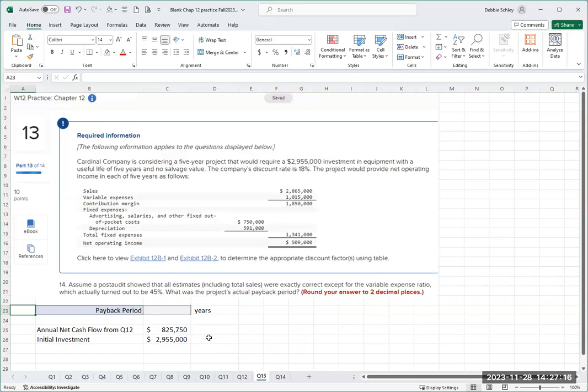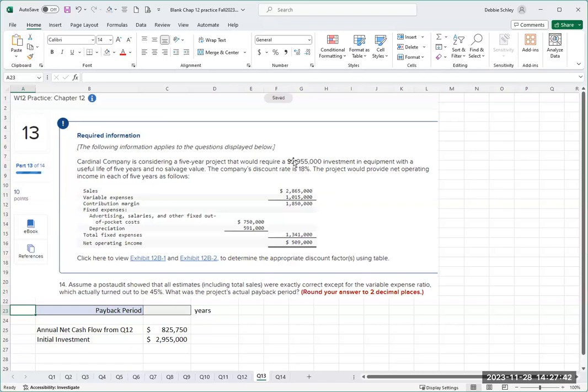Okay, so payback period. Again, we're still dealing with the changes they made in question 12 with the new variable expense ratio. So I want to know what's the project's actual payback period. So from question 12, that new cash flow for me was 825,750.